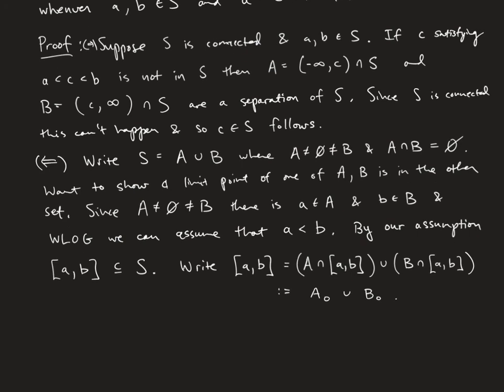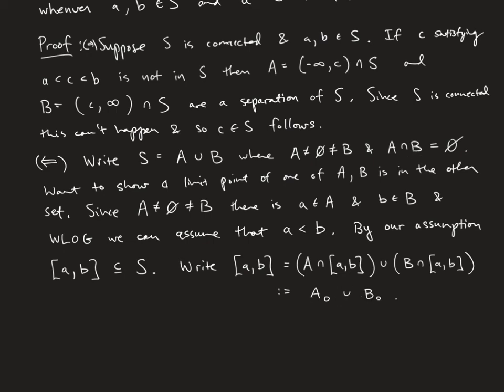Okay, so it's easy to see since the point little a is in A, this A naught is not empty, right? So we have little a in this interval, little a in A, so this is not empty. Similar with B over here, so this is non-empty. And if these two sets were to intersect, then that would mean that A and B intersect, right?